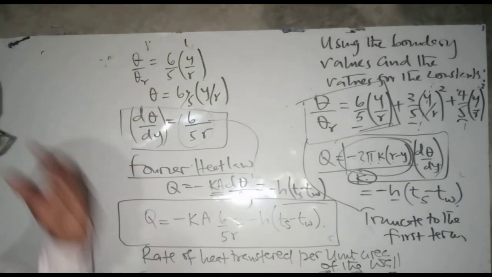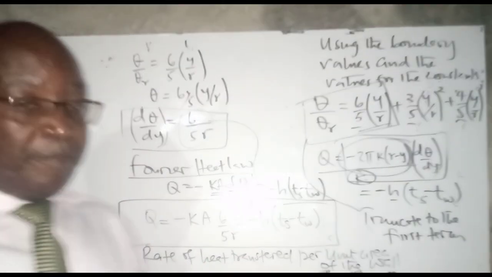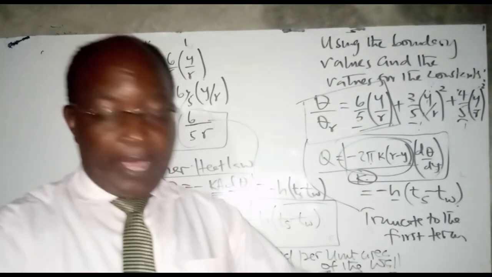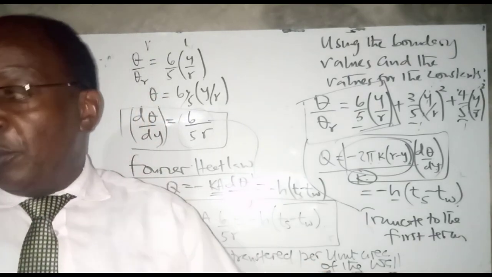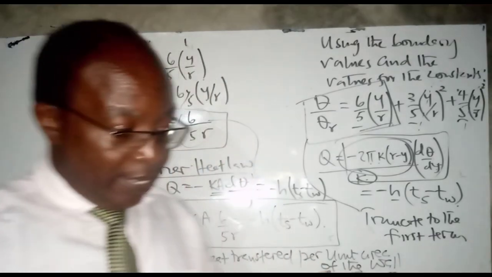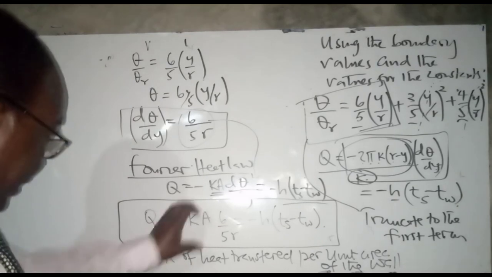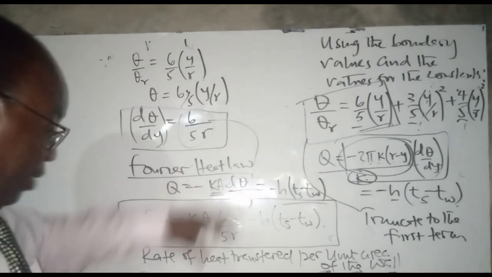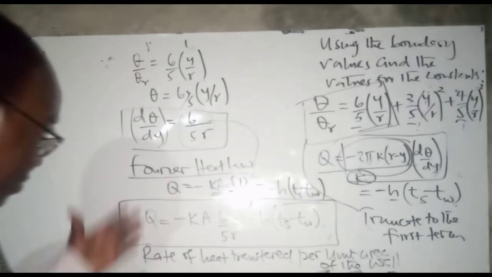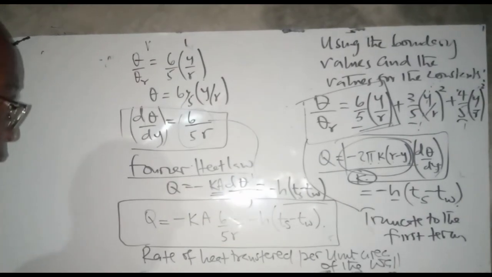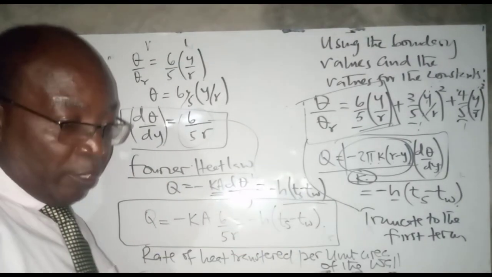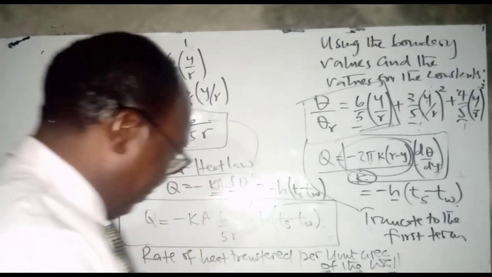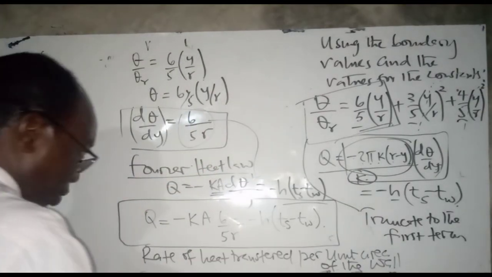Very simple. So what have we done? Just from first principles, where we have worked with tubes and pipes, we have always made the assumption we know what this area is, that this area is 2 pi into r minus y, and we have worked with it in the same way. And so we have just used the parabolic equation and coupled it with the convective equation.